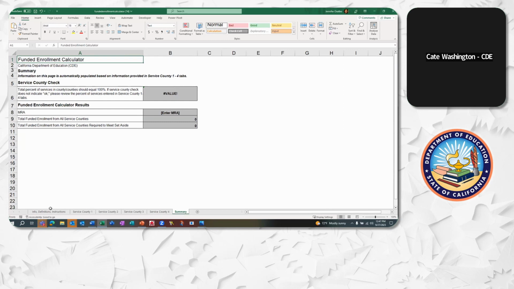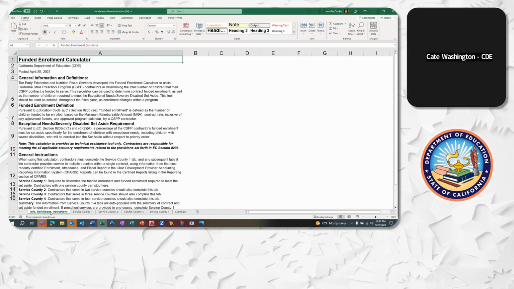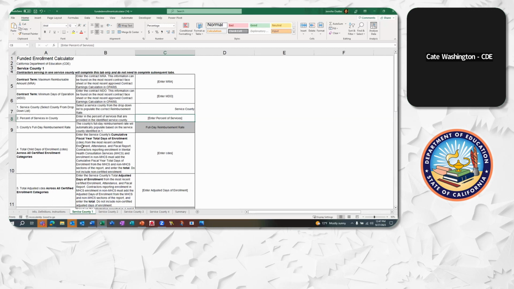The Info, Definitions, and Instructions tab contains general information and definitions, as well as instructions pertaining to completing the calculator. And moving to the Service County tabs, these are where funded enrollment will be calculated. All 4 service county tabs are identical and contain a mix of fields requiring data input, as well as locked fields with formulas that will auto-populate based upon data entered by the user.